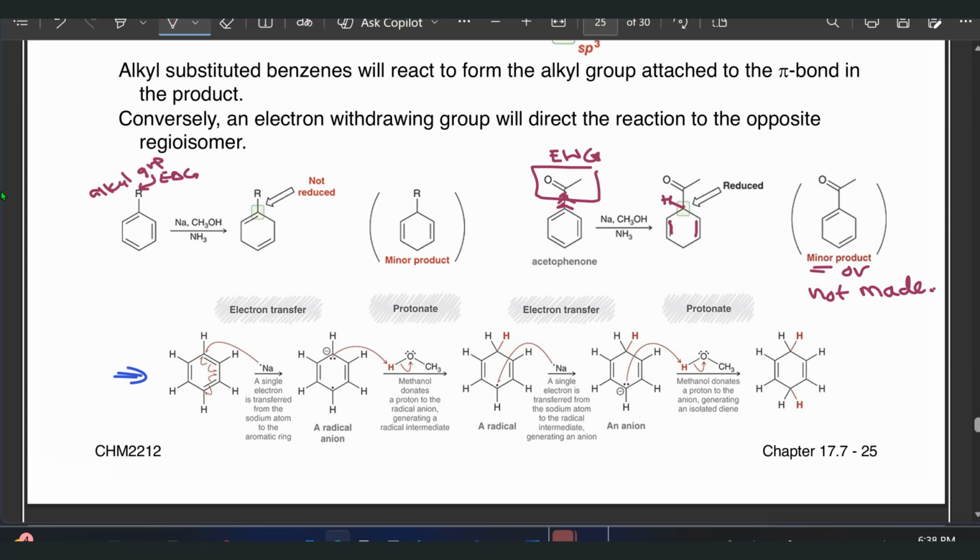Those are electron donating groups. Alkyl groups are weakly electron donating through the bond. And in that case, this will be minor or not formed.